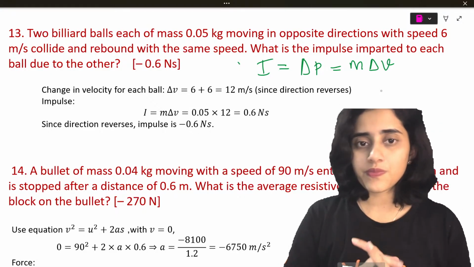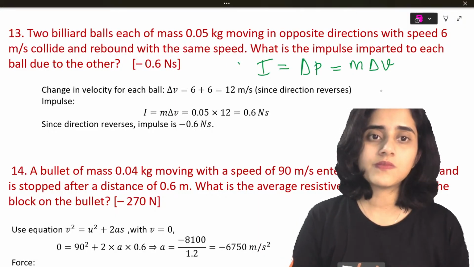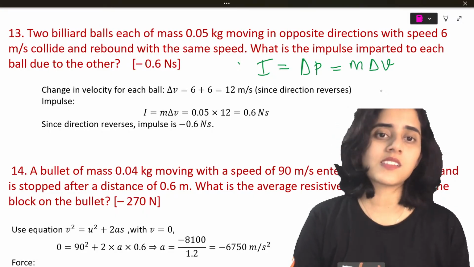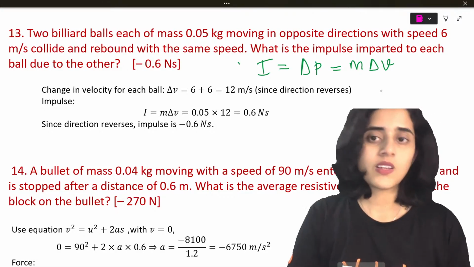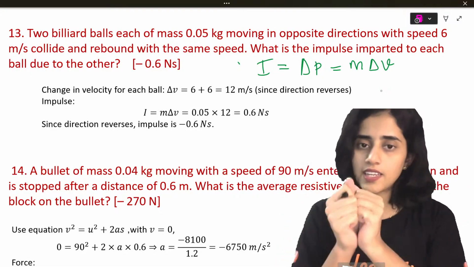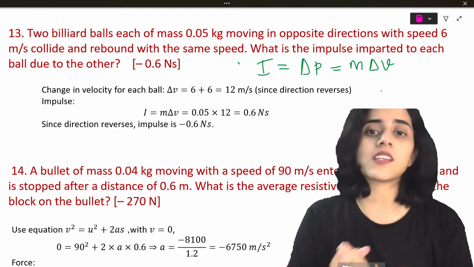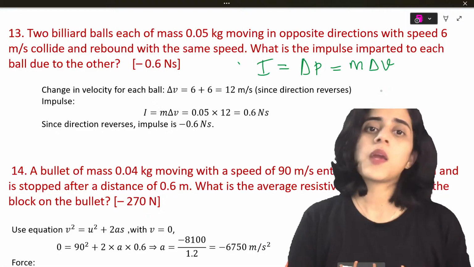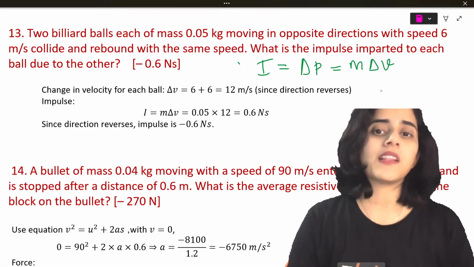Now, what is the change in velocity for the ball? 6 plus 6, which is 12. How did I get 12? Because one ball comes and then it hits and then it goes to the other direction. So there is 6 plus 6. 12 meters per second is the total velocity. Mass I already know. I will just multiply it. I will get the impulse.